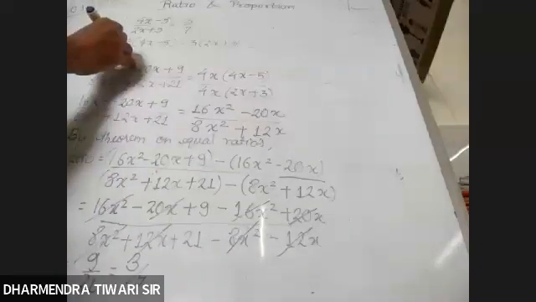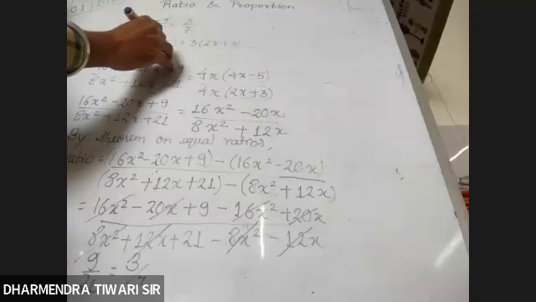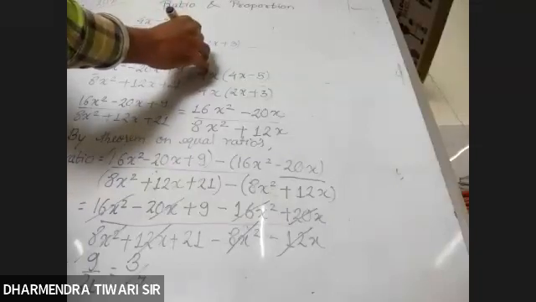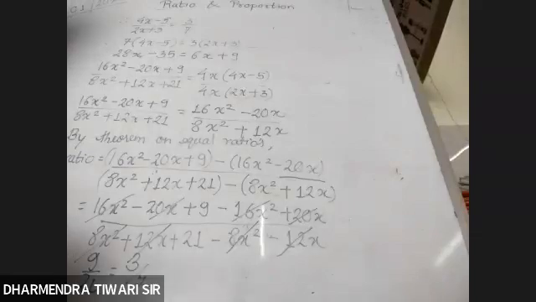Seven fours are 28x. 7 fives are 35 is equal to 3 twos are 6x plus 9. So this step is okay to you.